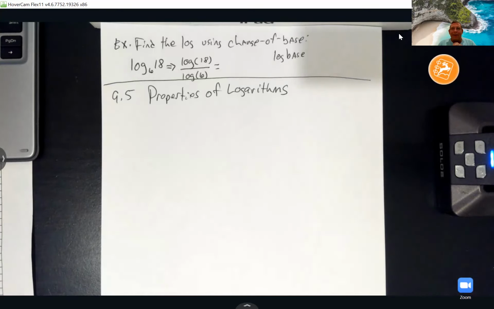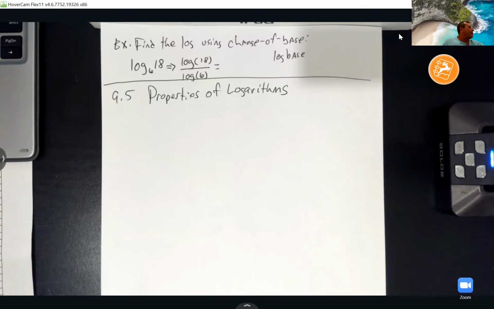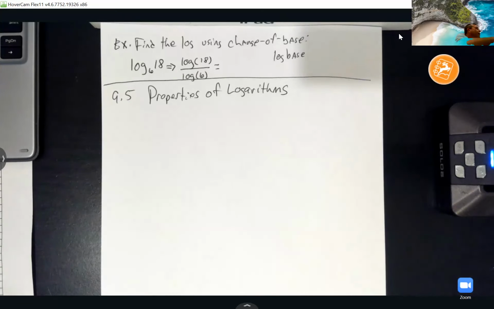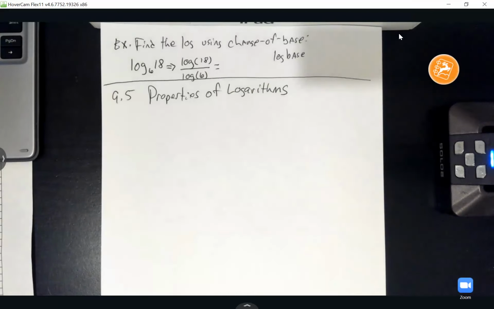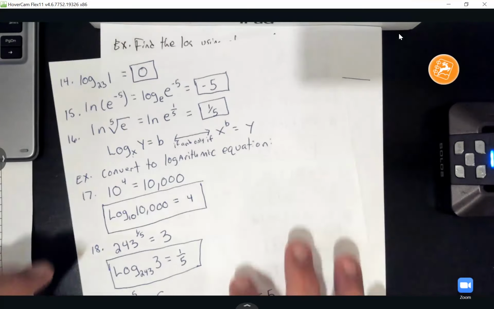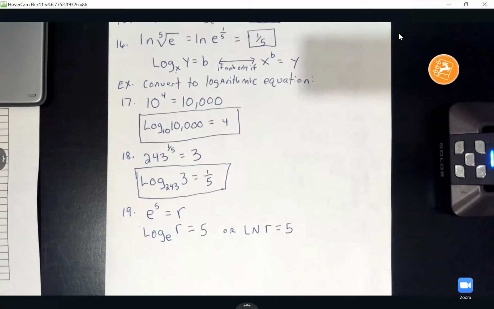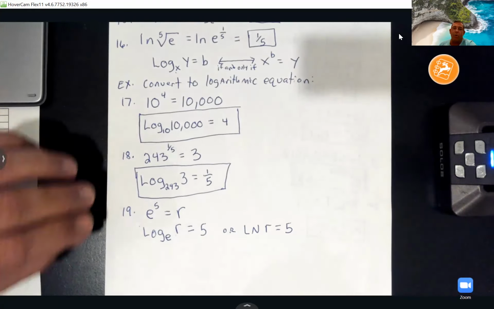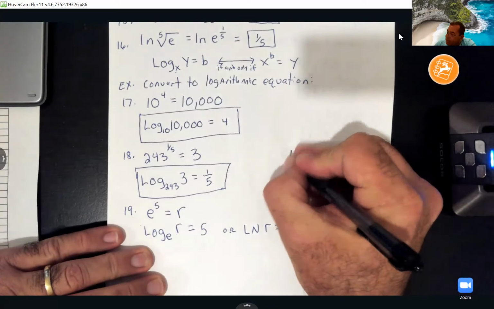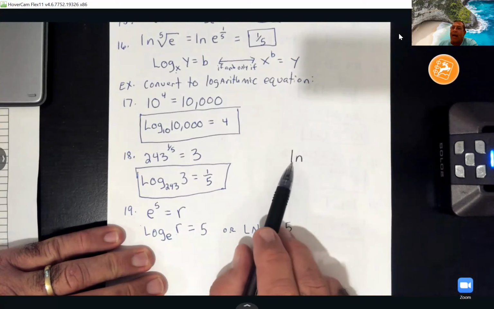Can you go back to number 13 for me? No, 19, I'm sorry. Oh, with the e to the 5th. Yes. Now, y'all, what'll get you, you got to watch out for, if you're rewriting this using LNs, this is an LN, not an IN.